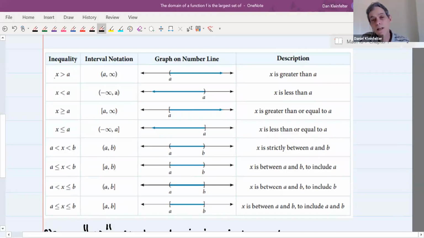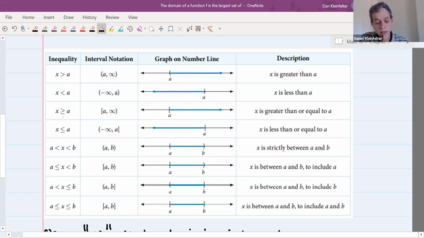How these would be written as inequalities is available in the first column. x is greater than a. That would be all the numbers bigger than a, which fits what we see on the number line. x is less than a. That fits what we see on the second line graph. The difference between greater than and greater than or equal to is just whether the endpoint is included or not. Is a included? Is it part of the set or isn't it?